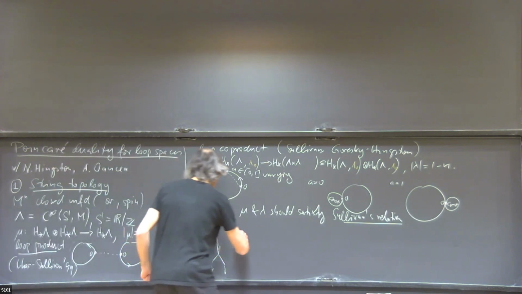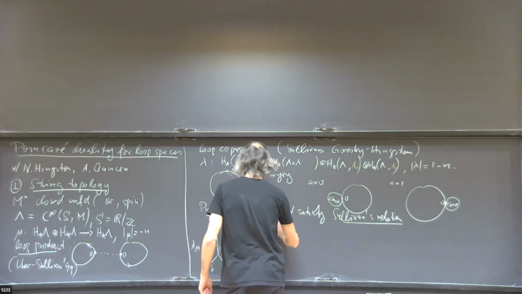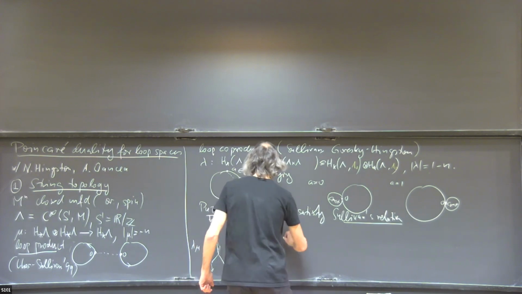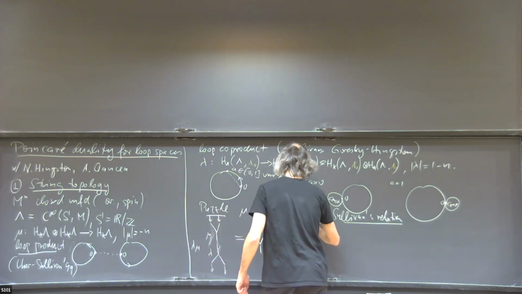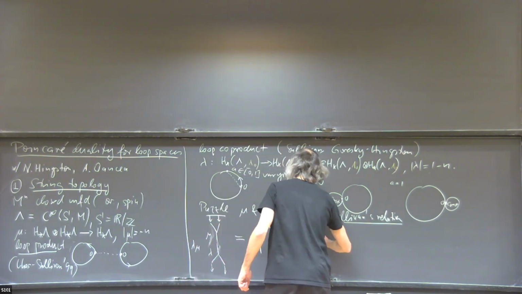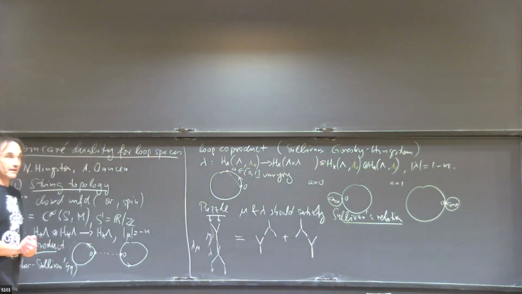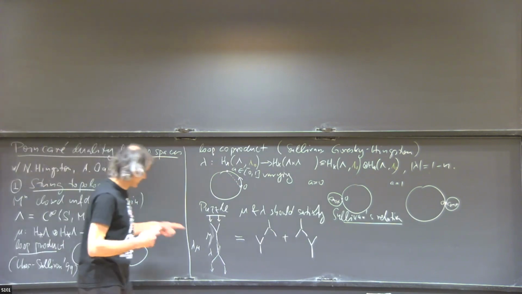So this should be the same thing as the following. You first apply lambda, and then you apply mu on one slot, or you do it the other way around. And this makes intuitive sense. What does this mean?